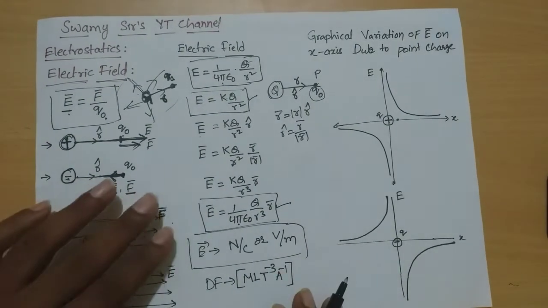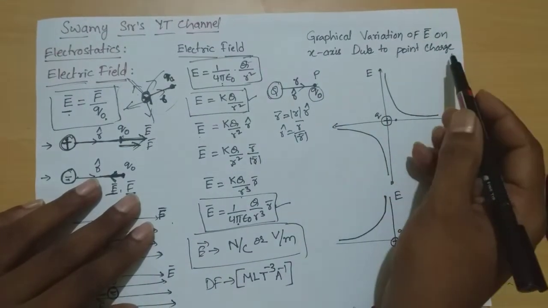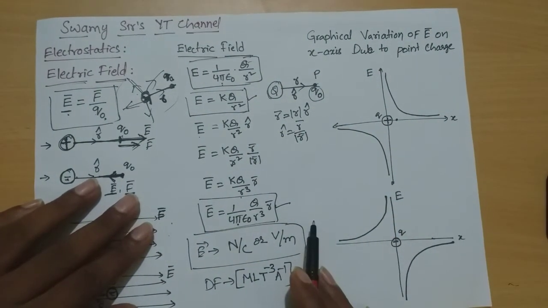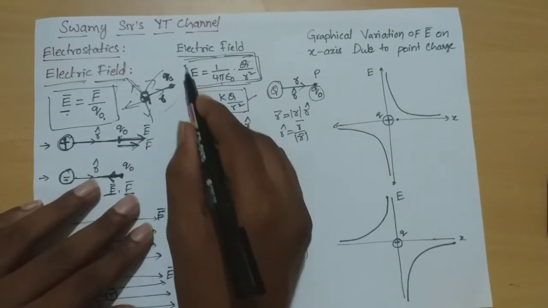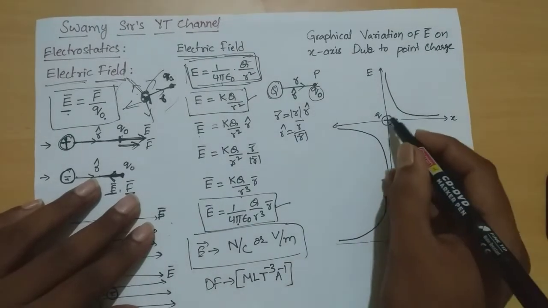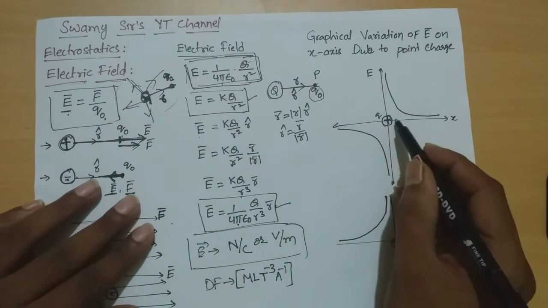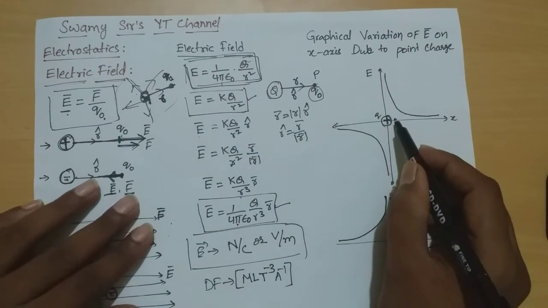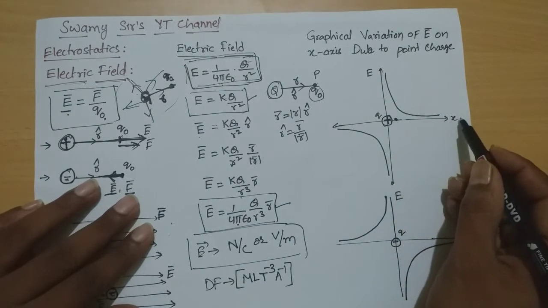Next, let us see the graphical variation of E on the x-axis due to a point charge. Due to the point charge, the electric field is E equal to 1 by 4 pi epsilon naught q by r square. To draw the graph, observe carefully. Now see, this is the positive charge. Near this charge the electric field is very large, and if you go away from it, the electric field intensity decreases.